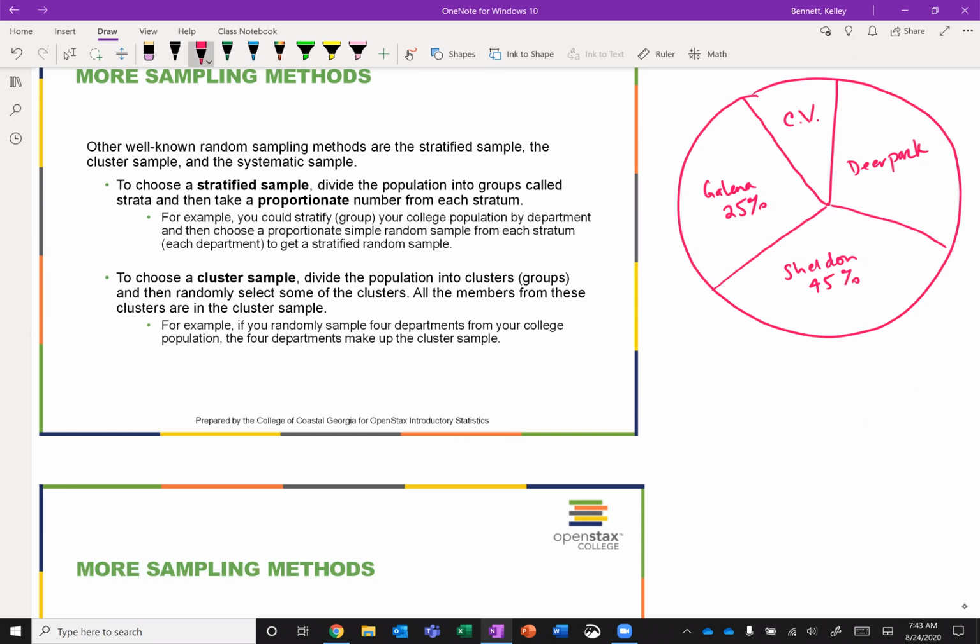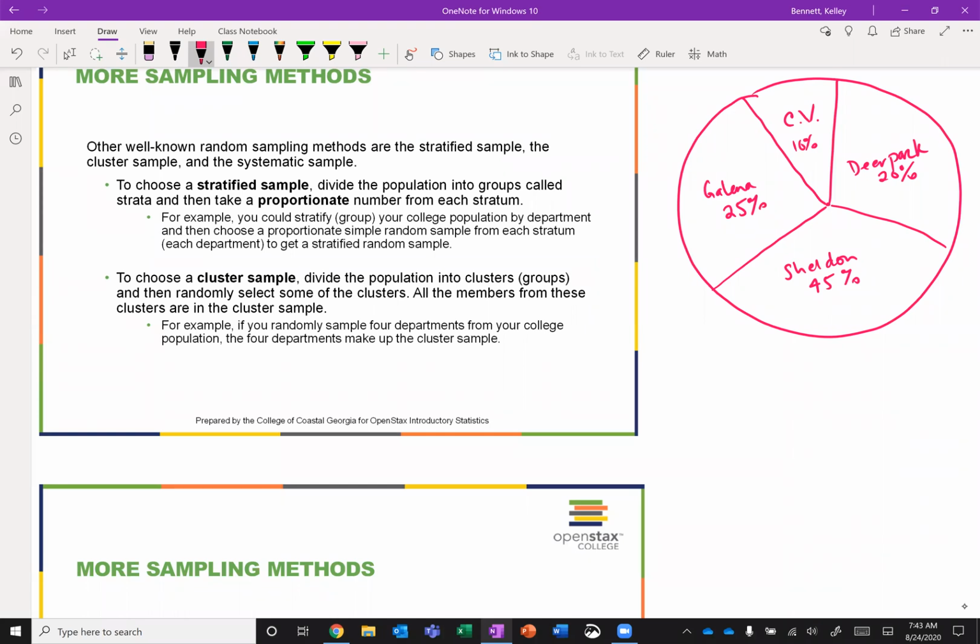We'll just call this 10% and 20%. So that means that our sample should have 45% of its representatives from Sheldon, 25% from Galena, 10% from Channelview, and 20% from Deer Park.